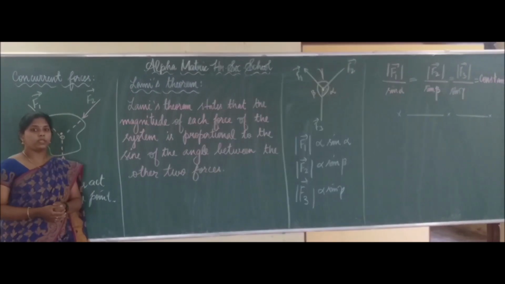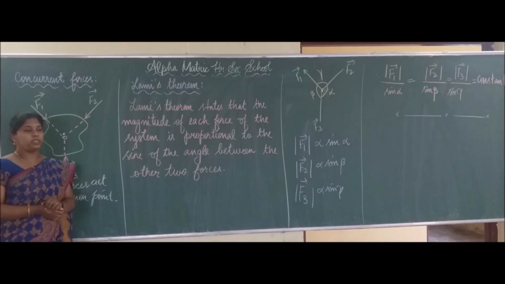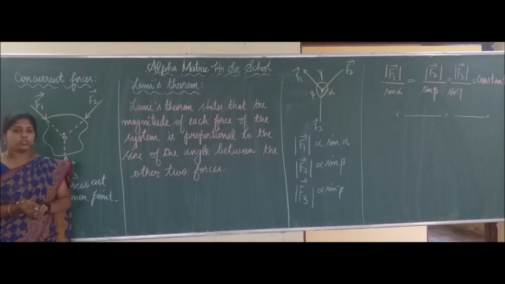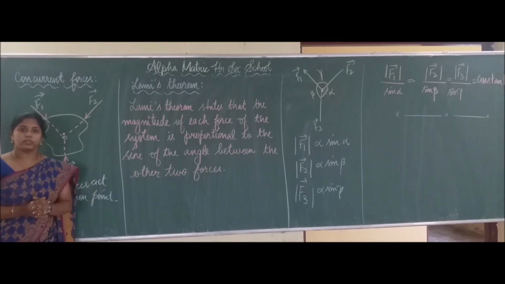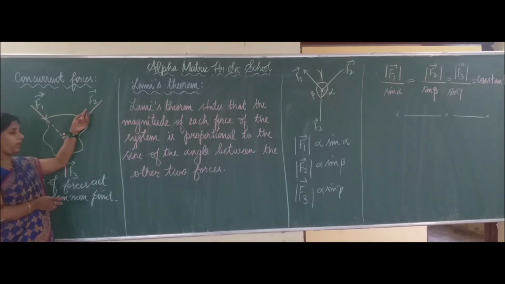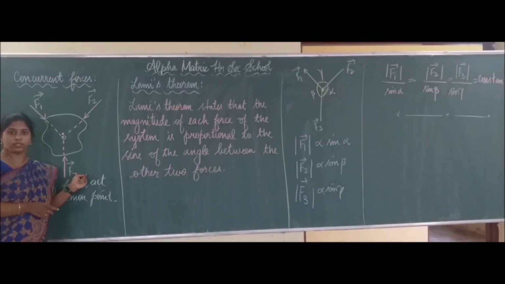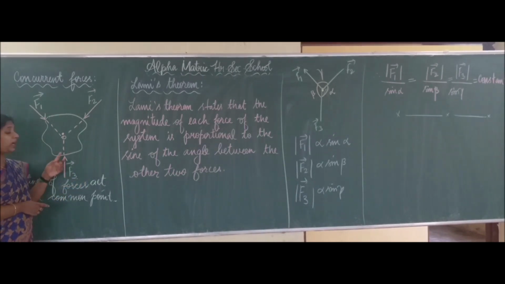The next topic is concurrent forces and Lami's theorem. The first one is concurrent forces. What do you mean by concurrent forces? Look at the diagram. It is F1 vector, F2 vector and F3 vector. These are nothing but forces. If the lines of action of the forces act at the same point, at that time the forces are called concurrent forces.